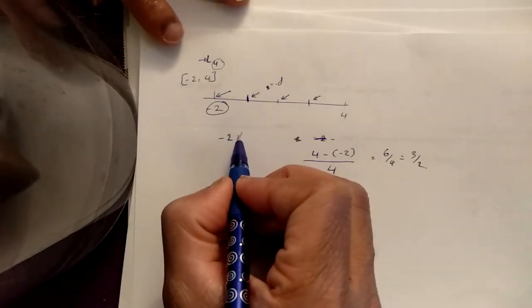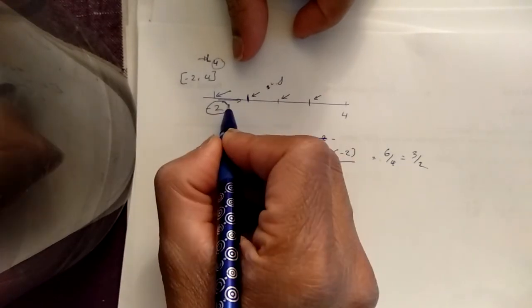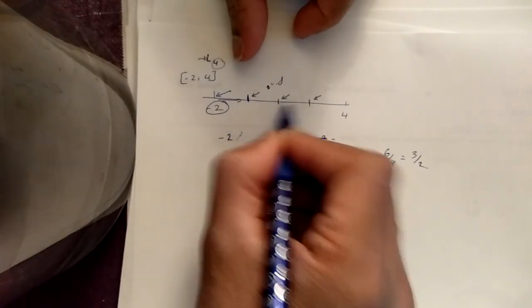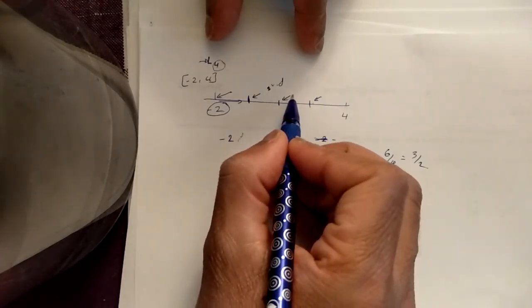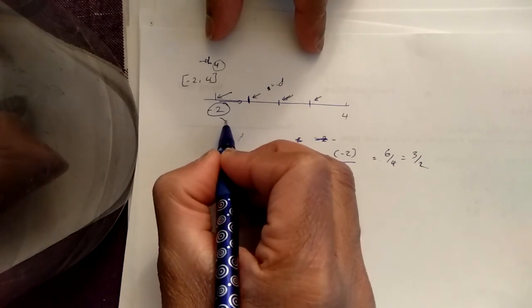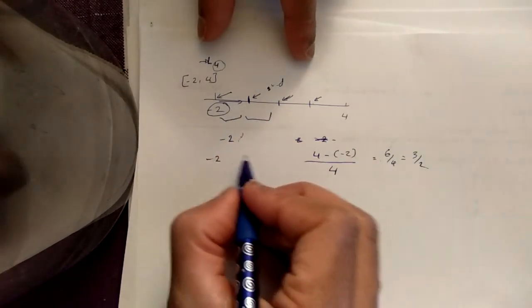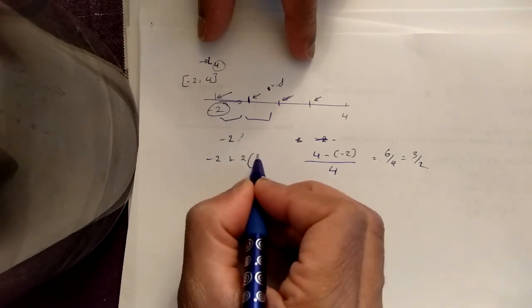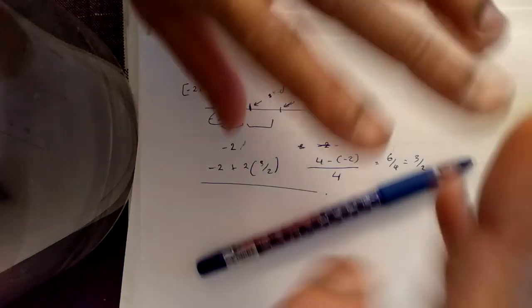Accordingly, we can find the left endpoints of these subintervals. For example, to calculate this one, starting from negative 2 we travel 2 times the length of a subinterval, which is plus 2 times 3 over 2. Likewise, we can complete the first worksheet.